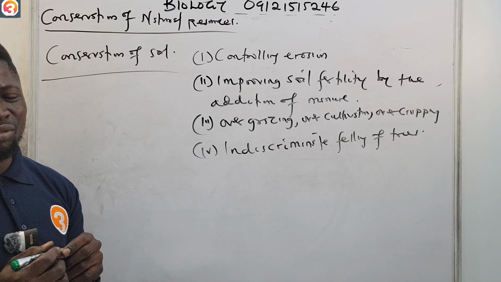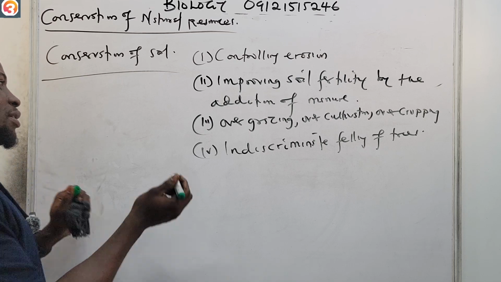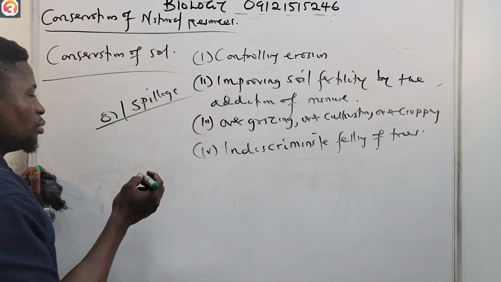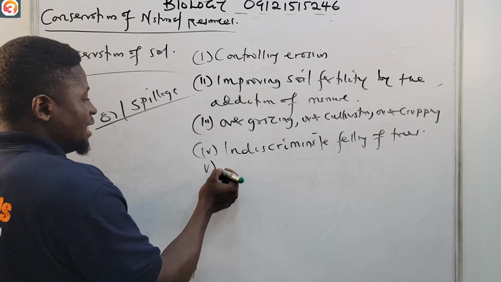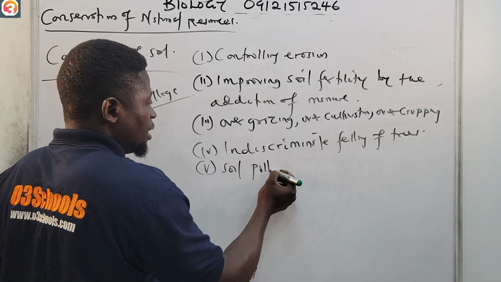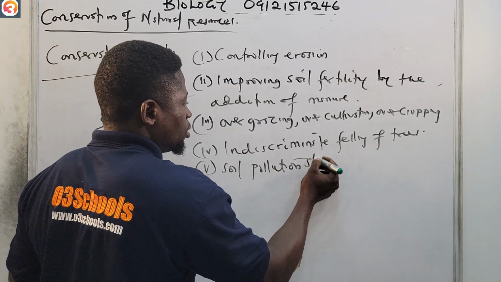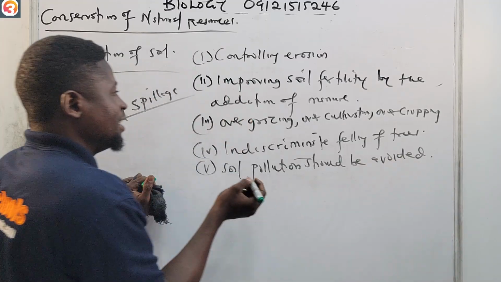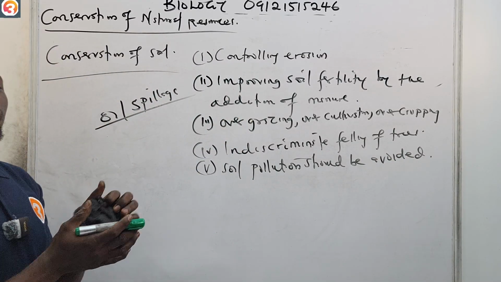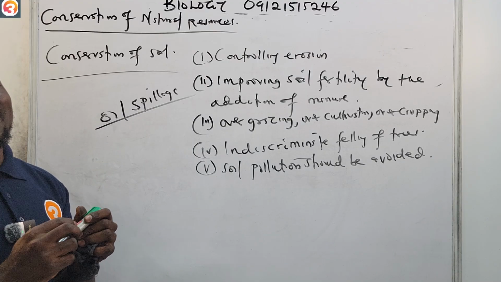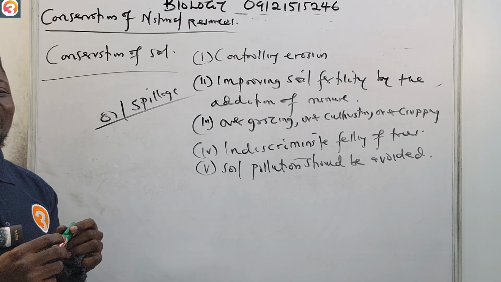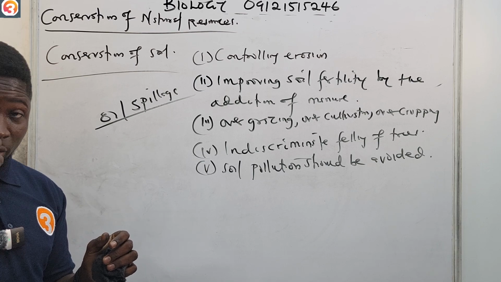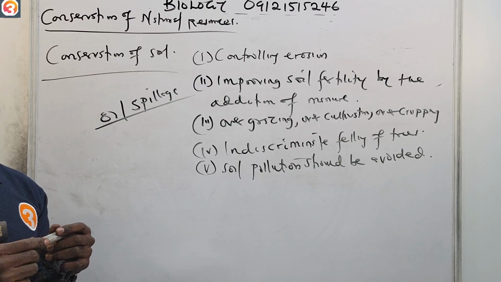Also, soil pollution should be avoided, like for example oil spillage. It is very, very bad, because when you plant in soils that oil spillage has affected, you can never get a good yield.